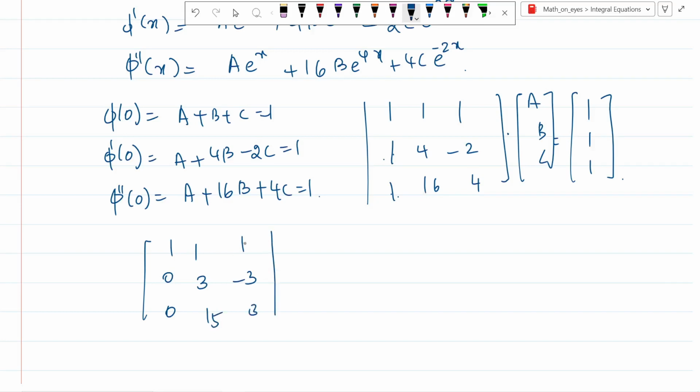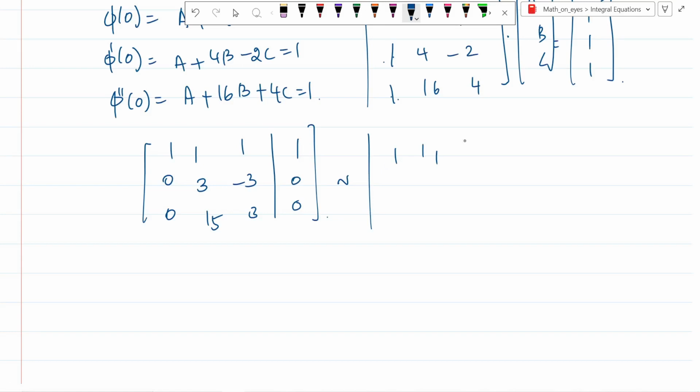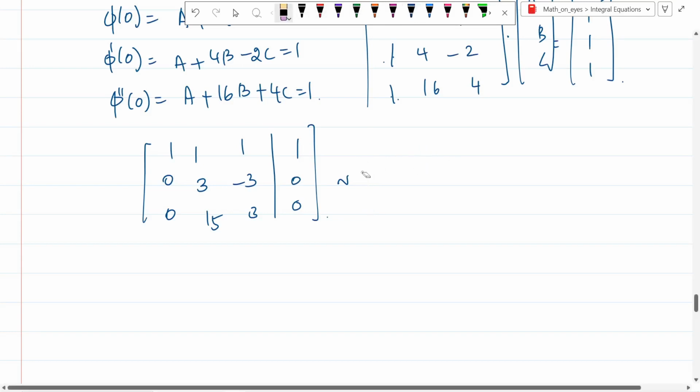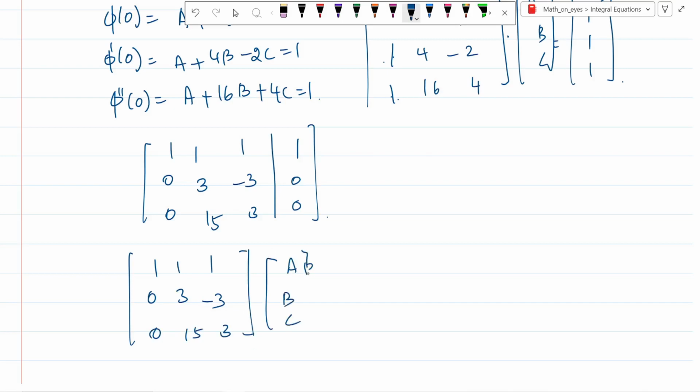I have made this part 0 in the augmented matrix. So I'll have 1, 1, 1; 0, 3, minus 3; 0, 15, 3, with A, B, C equal to 1, 0, 0.